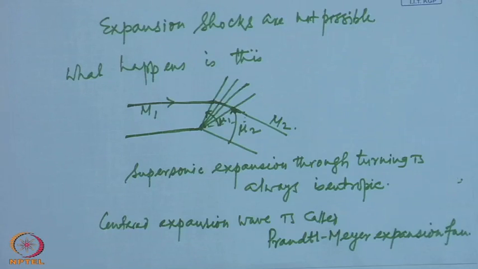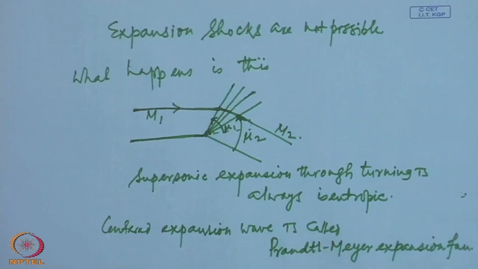So, what we see here is that in a supersonic flow we can achieve compression and expansion simply by turning it.